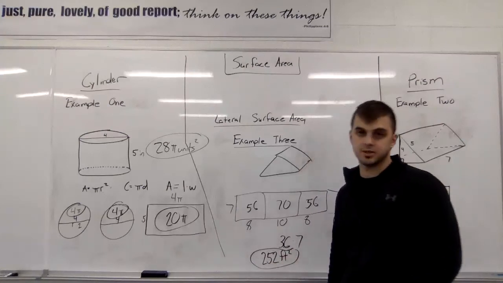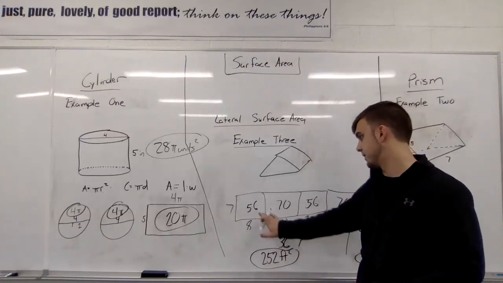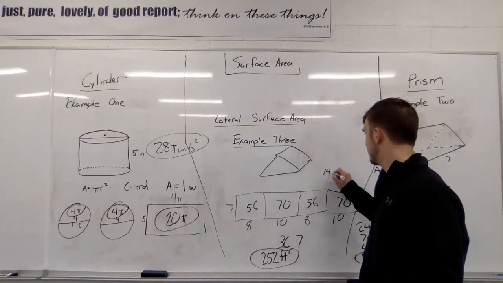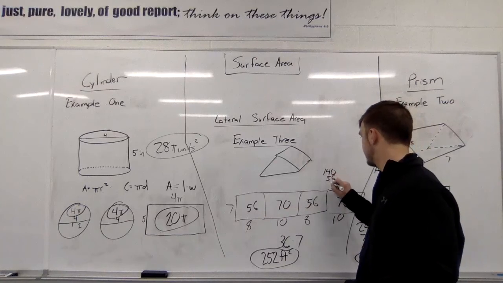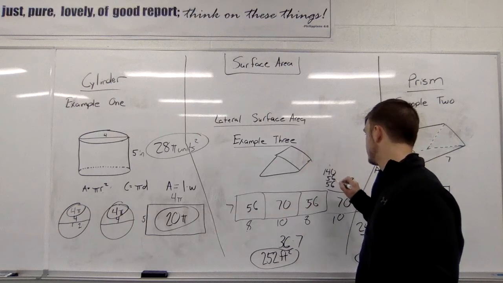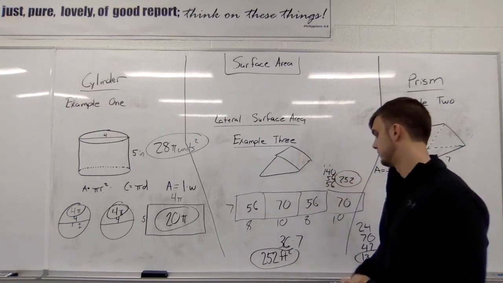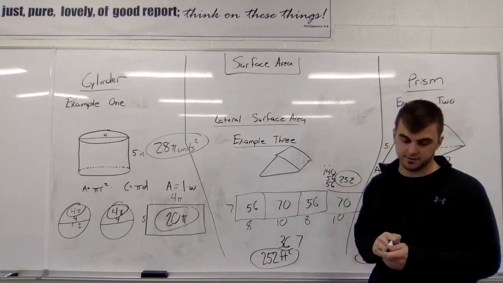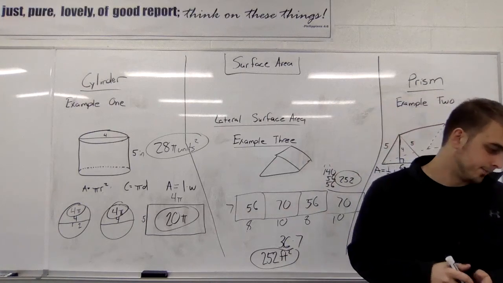So now he knows how much paint to buy based on that measurement. And if you add these two together, 140 plus 56 plus 56 gives you, should be the same answer, 252. Yep, so your answer for example 3 is that.